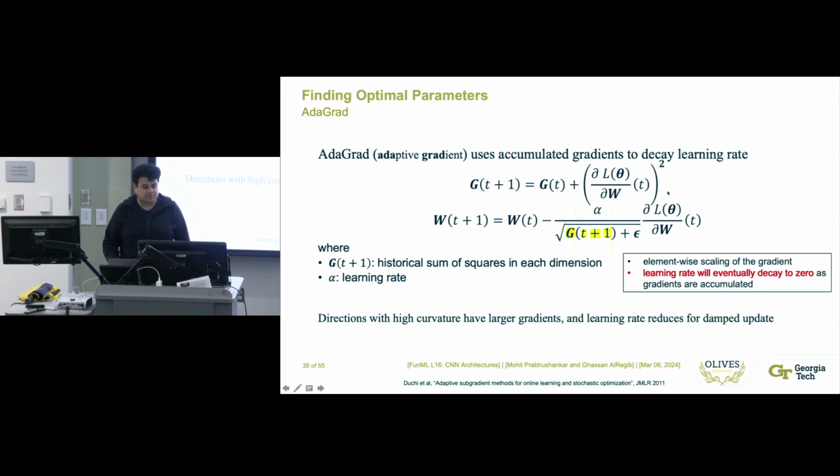Yes, dou L by dou W whole square. And the way it's used is also different. Before, in momentum, it basically multiplies alpha, right? But in AdaGrad, this accumulated gradient essentially changes your alpha. Before, when I mentioned 200 epochs, the first 60 will be 0.1, then 0.01.